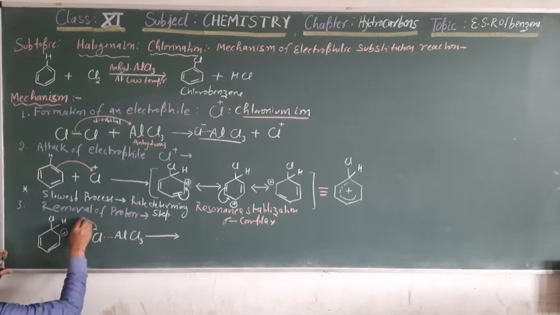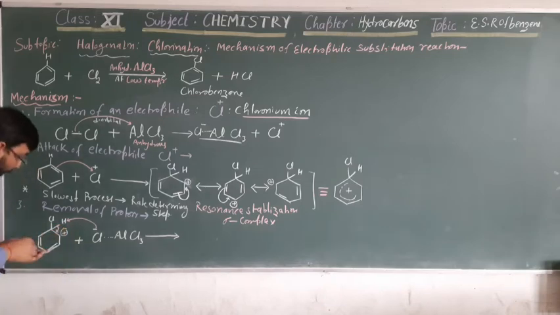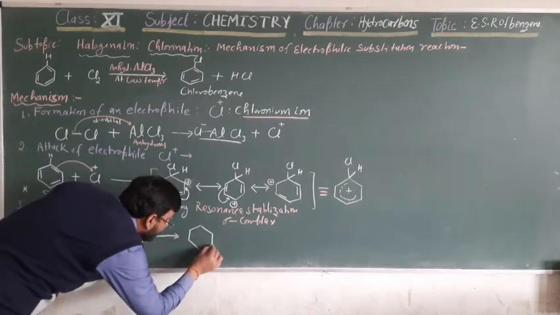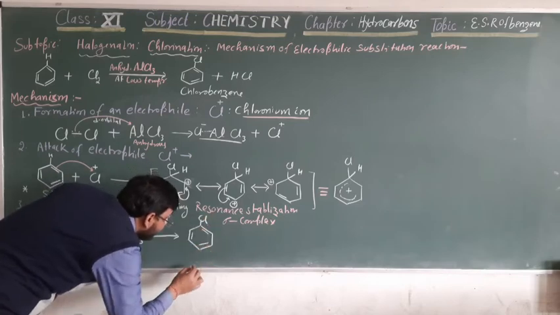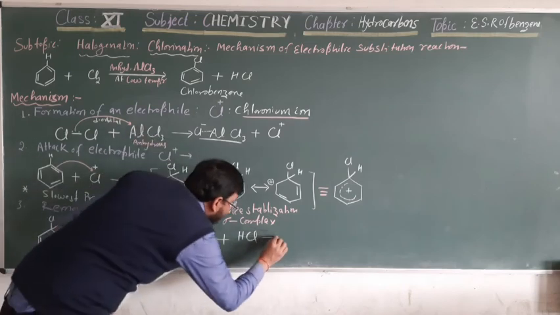So this electron is transferred to hydrogen, and this bond is transferred in the benzene ring. Now we got our product, that is chlorobenzene plus HCl and plus AlCl3.